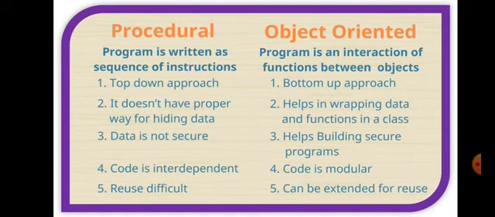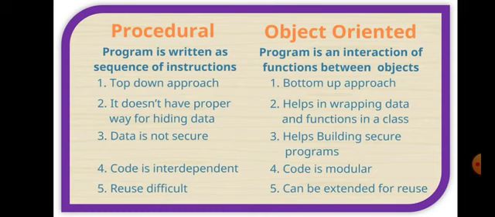Now here, as I have mentioned in the earlier example, the procedural language is written as a sequence of instructions. It is the top-down approach. Top-down approach means it will focus on function. Number two, it does not have a proper way of hiding data.